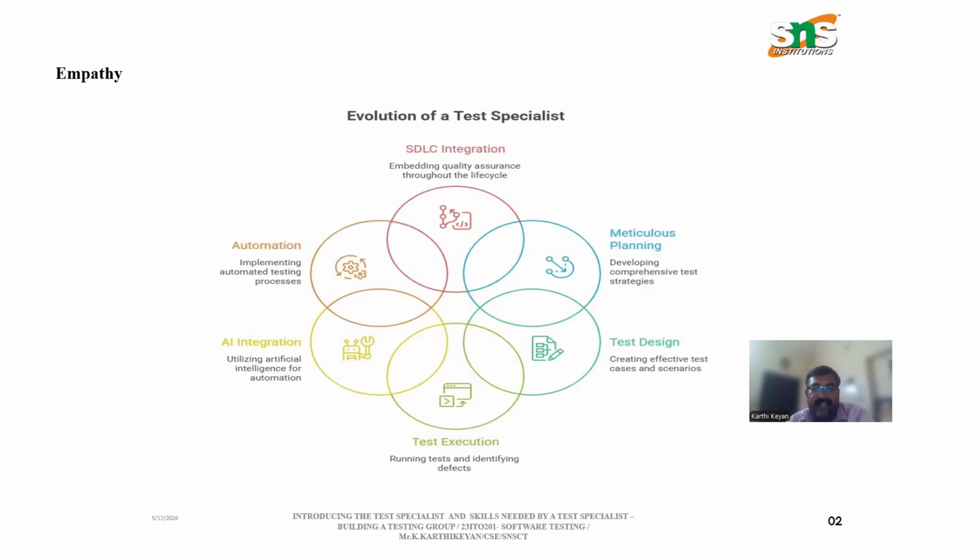Test design means creating effective test cases or scenarios. One example is the use case model, and there are seven models available. First, the use case diagram. Second, the class diagram. Third, the sequence diagram. Fourth, the interaction diagram and the state chart diagram.